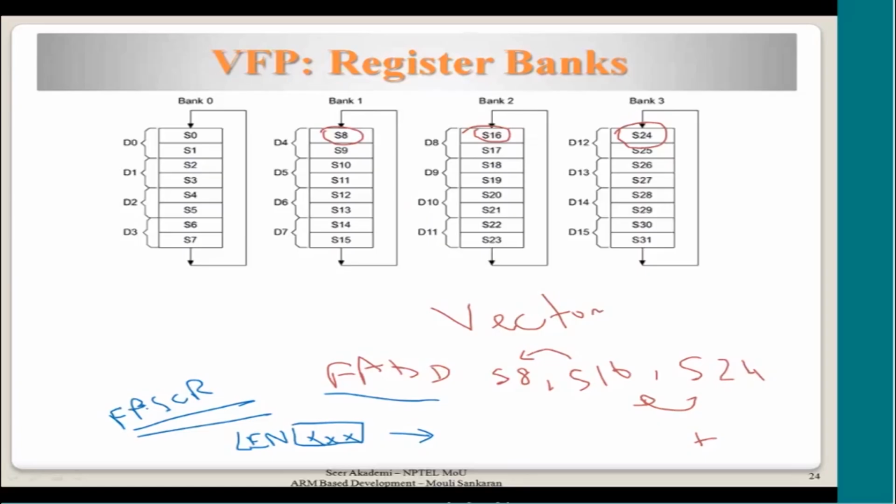There is only one single register in the VFP, and it has a value 101. What does it mean? It's 4 plus 1, 5.